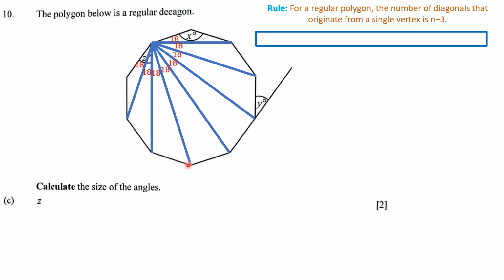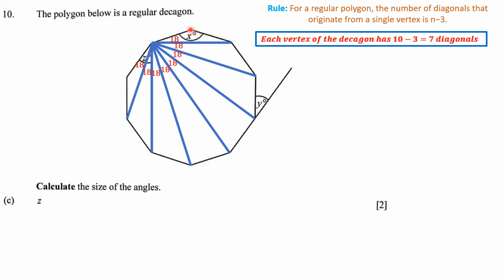And each of these vertices can have n minus 3 diagonals. And so we already know that n is the number of sides. Each vertex of this decagon is going to have 10 minus 3, because 10 is the number of sides, which is equal to 7 diagonals.